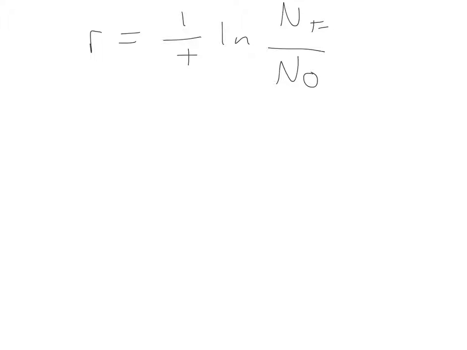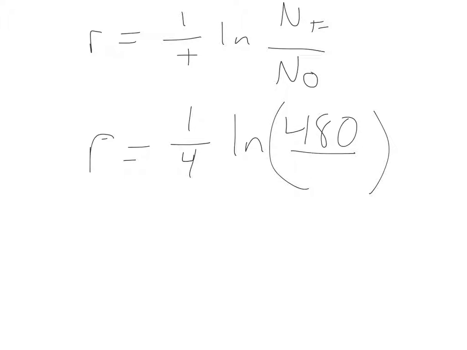So if we substitute what we know, R is going to equal 1 over 4, because we have a 4-year period, and then we'll do the natural log of 480 divided by 302. When we put that into our calculator, we should end up with an R value of 0.11.